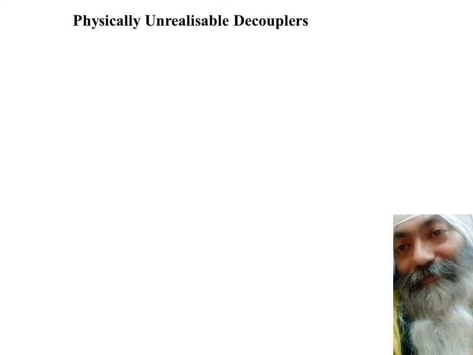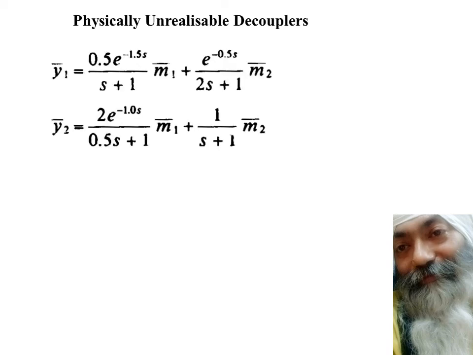Physically unrealizable decouplers, and this we will see with the help of an example, which happens to be a very simple example. Let us take two systems which are coupled. We have y1 which is affected by m1 and m2, and y2 which is affected by m1 and m2 once again.